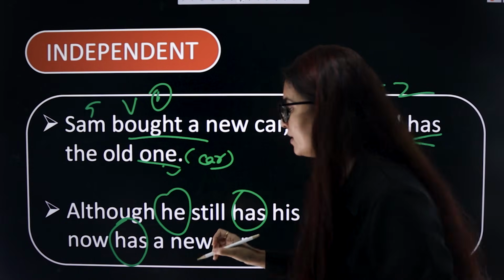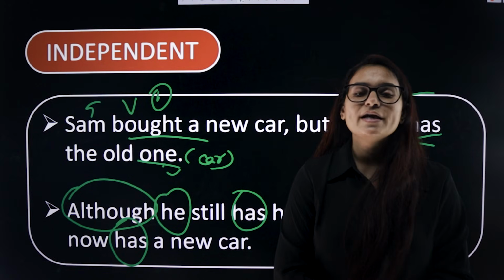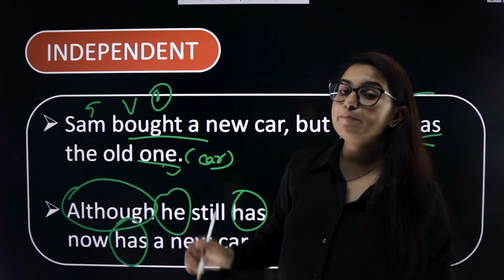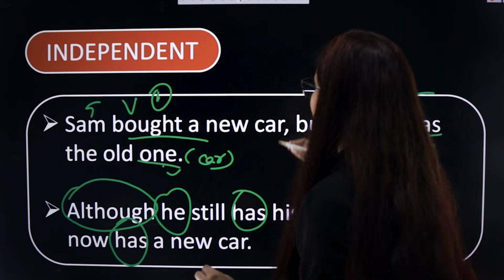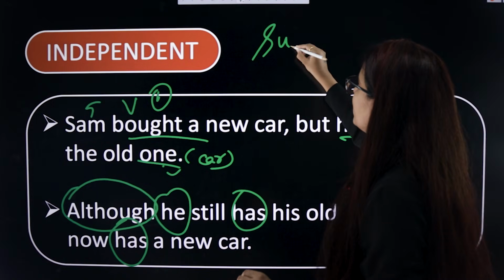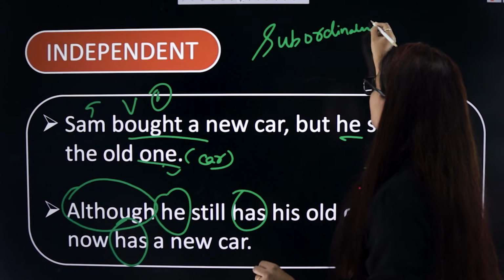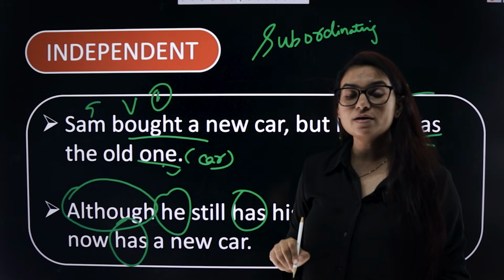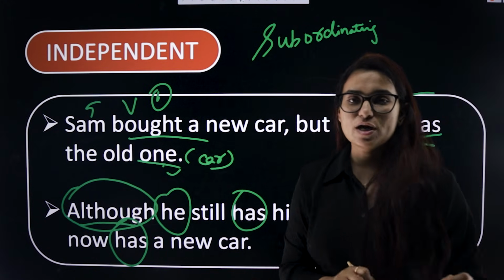Can you see that? Whenever we have words like these attached to a clause, it automatically becomes a dependent clause. Anywhere in a sentence, if you find subordinating conjunctions attached to a clause, that particular part of the sentence becomes a dependent clause. Subordinating conjunctions.